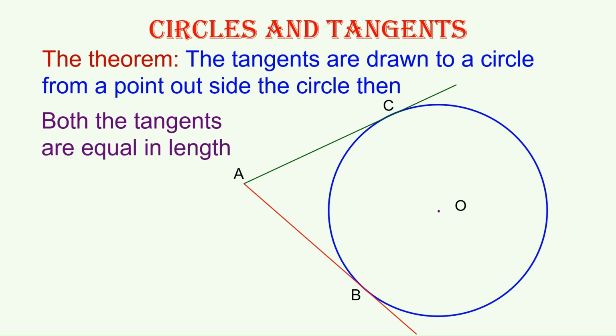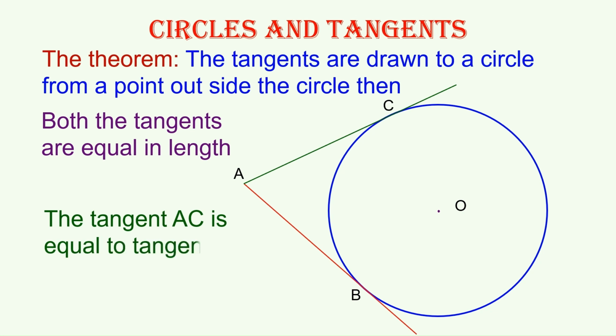The tangent AC is equal to tangent AB. Circle theorems.